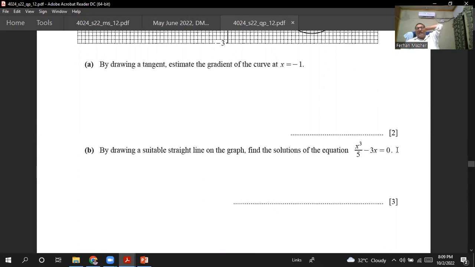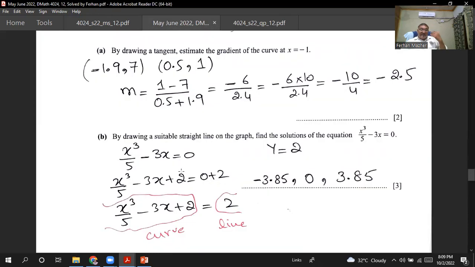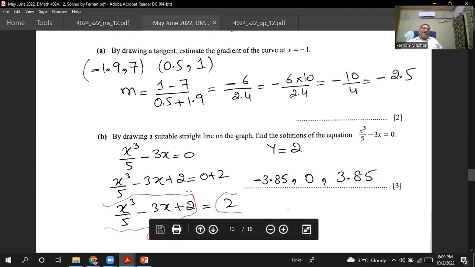So I will add plus 2 here, and I will also add plus 2 on the other side. That's the rule. On the left side, I will make the equation of the curve whose graph is already there. So you will have x cubed by 5 minus 3x plus 2 on this side, and I will add the plus 2 on the other side also.